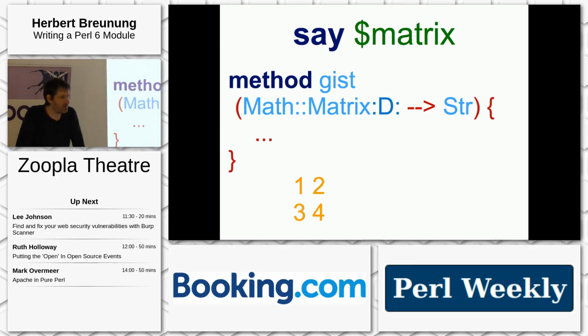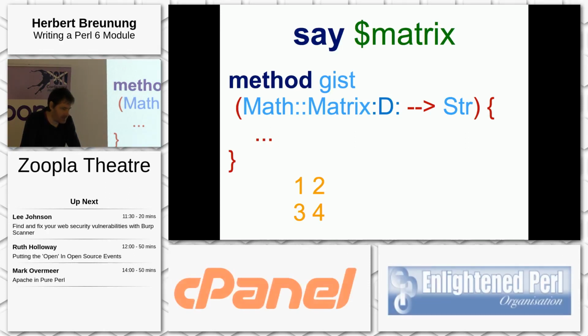Because we all love print or say, and as maybe not everyone of you knows, print or say is limited in POSIX, in the sense it doesn't give you the full dump. If you, for instance, have a very, very long list and you print it out, it prints just the first 100 elements.